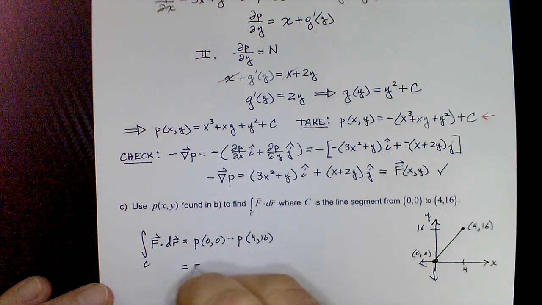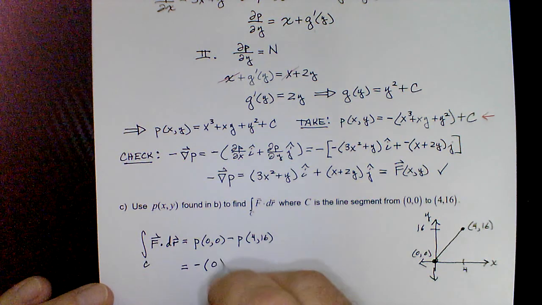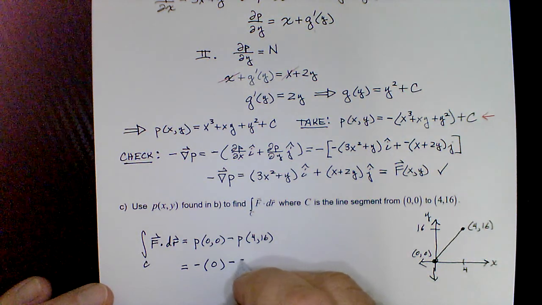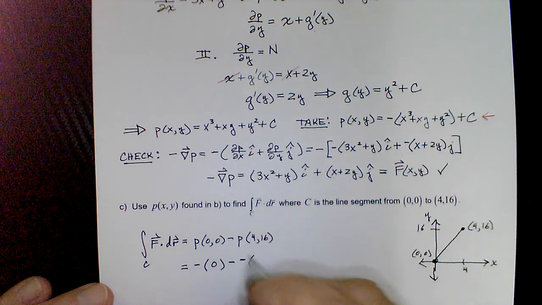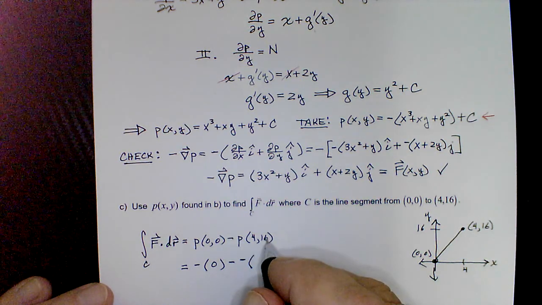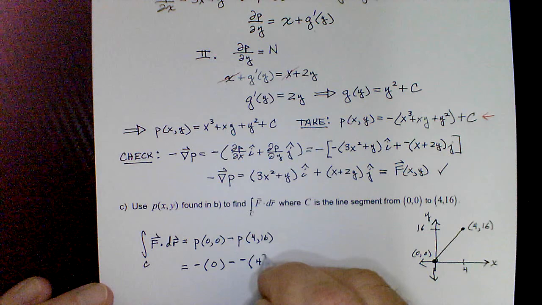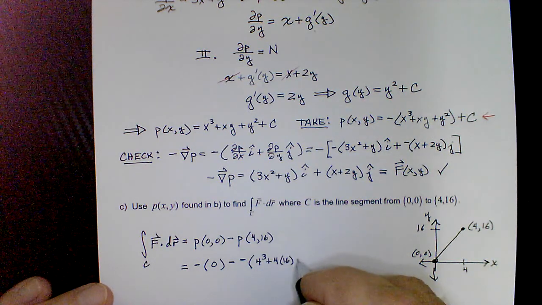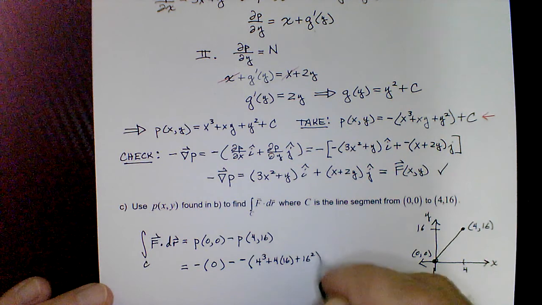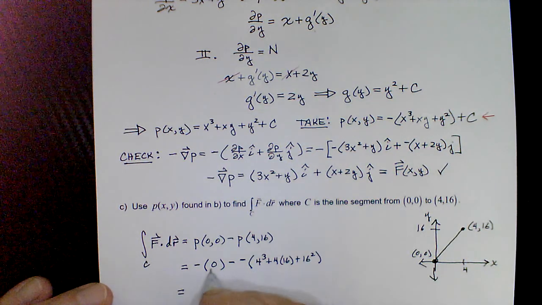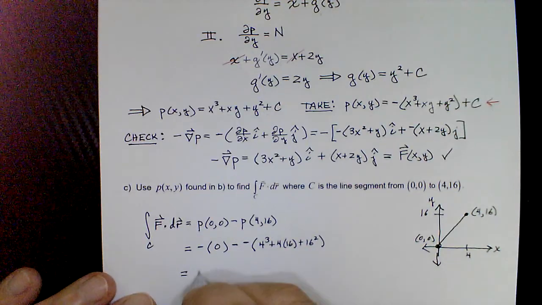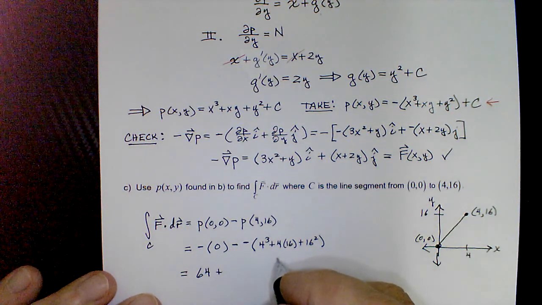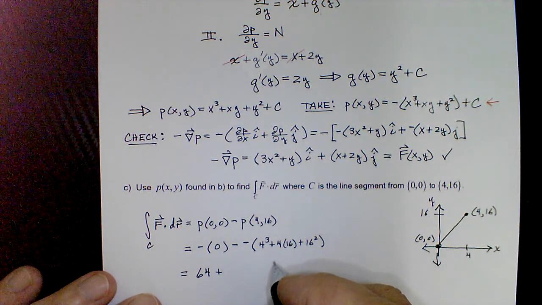And so it's going to be minus, just say a big 0, and then minus a minus, 4 is x, 16 is y, 4 cubed plus 4 times 16 plus 16 squared. Okay, that's 0, double negative makes positive. 4 cubed, 64. 4 times 16.